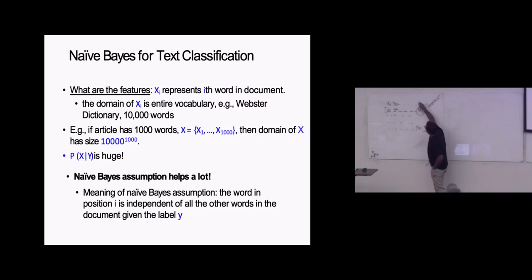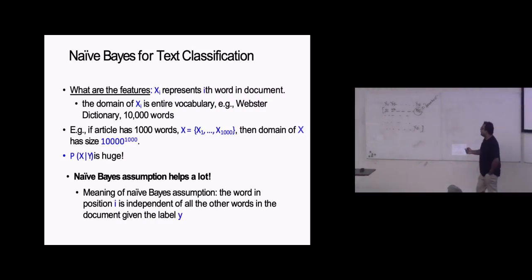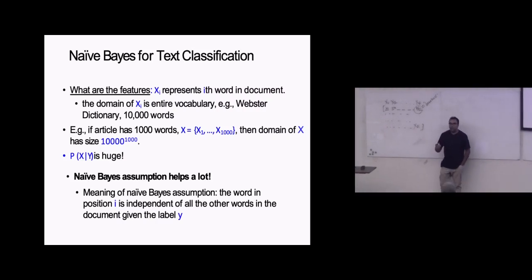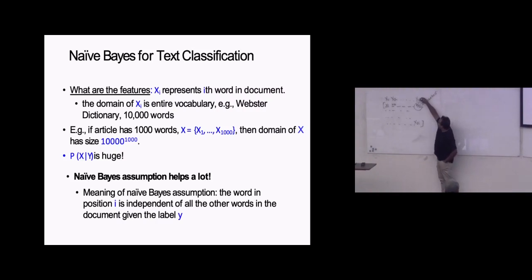If you don't look at the rest of the document, then it's just 1 over the size of the vocabulary. Yes, I understand, but we are not making assumptions yet, right? The point is whether this word 10 is going to be baseball.